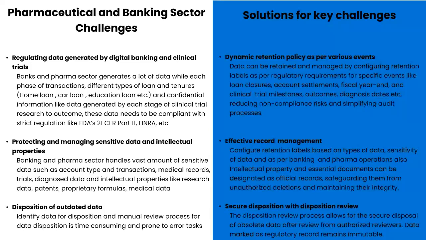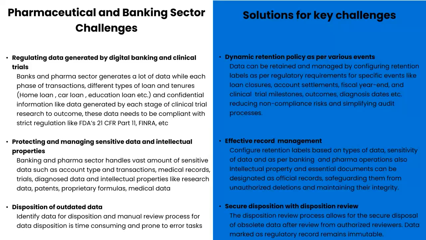There could also be vast amounts of sensitive data that requires special handling in these industries. So DLM provides the capability to identify sensitive data and apply specific retention to it. Also, if there are immutability requirements on the data, these data can be declared as regulatory records to prevent any changes and maintain the integrity of the data.